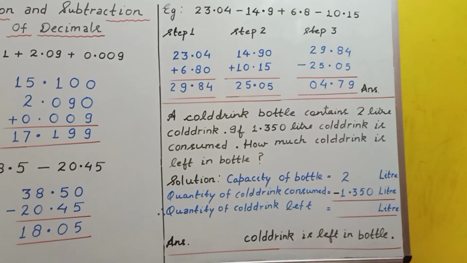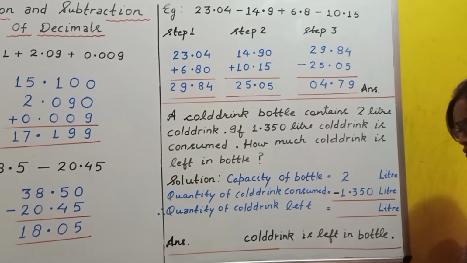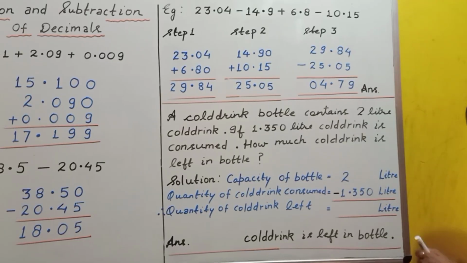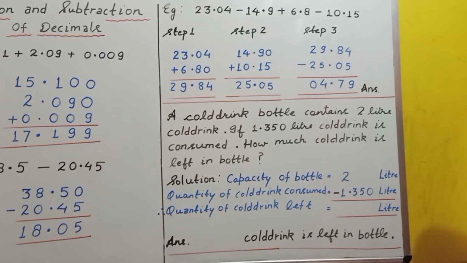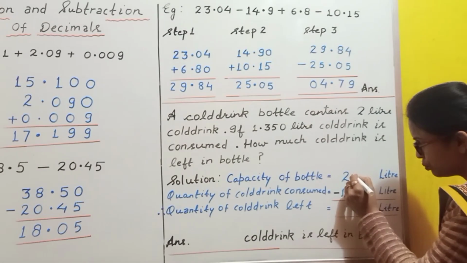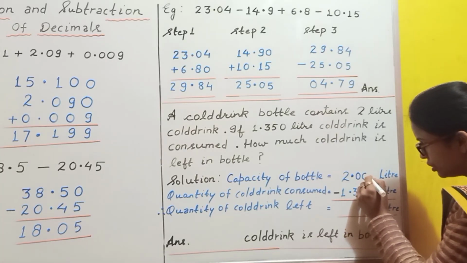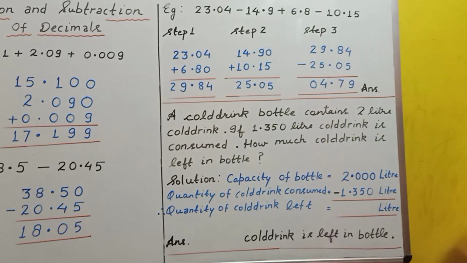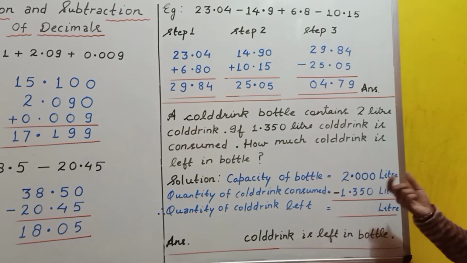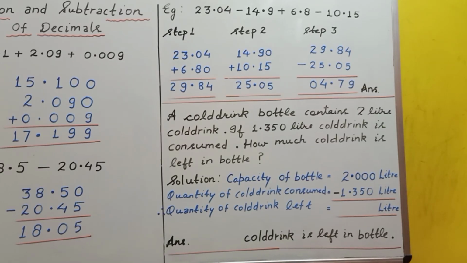Now, we have to subtract. Before subtracting, we have to make them like as they are unlike. So, children, after making them like, we get 2.000 and 1.350 we have to subtract.